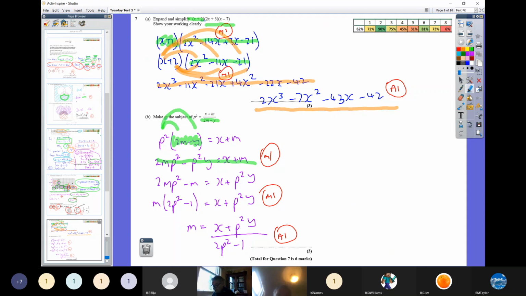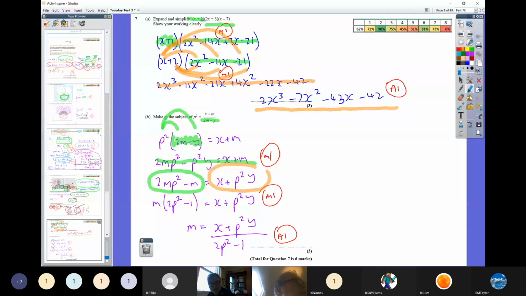Now your next goal is to get everything with m on one side, because that's the subject, and any terms without m on the other. So I've taken away m and added p squared y to both sides. Then that means I've got all my terms with m on the left, circled there in green, and all my terms which do not have m in them are now on the right, which I'm circling in orange.